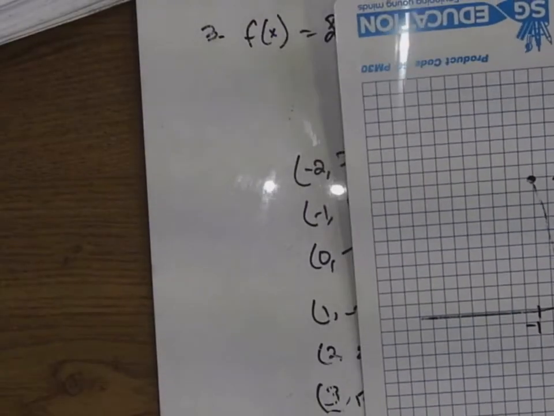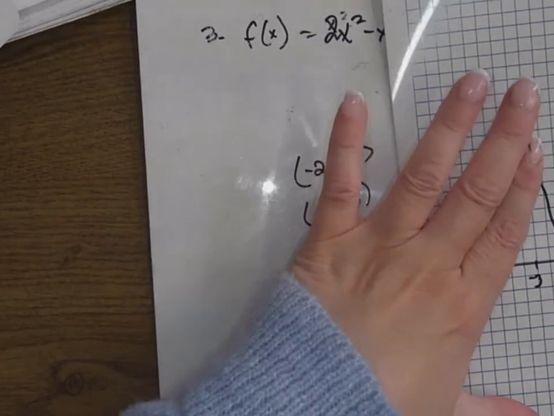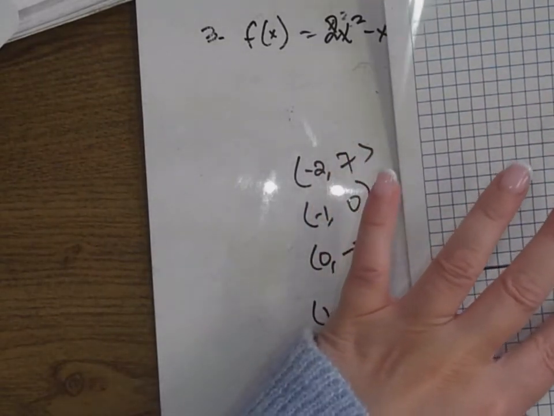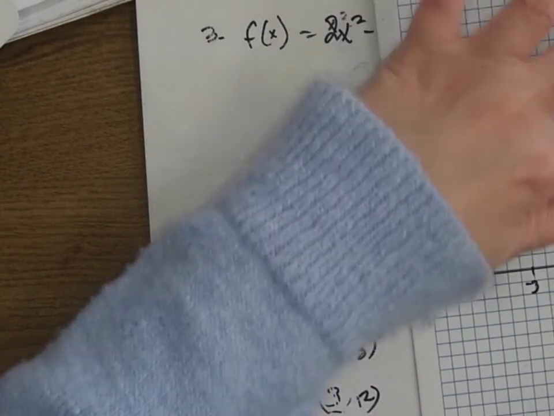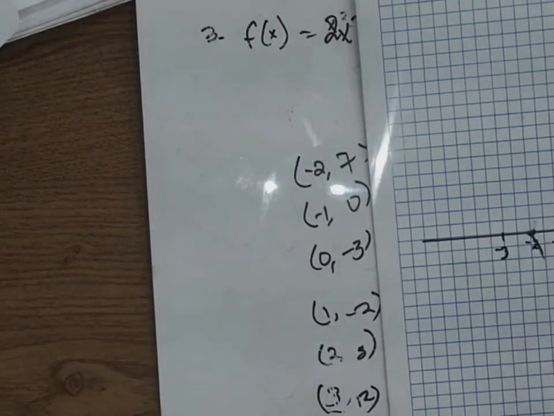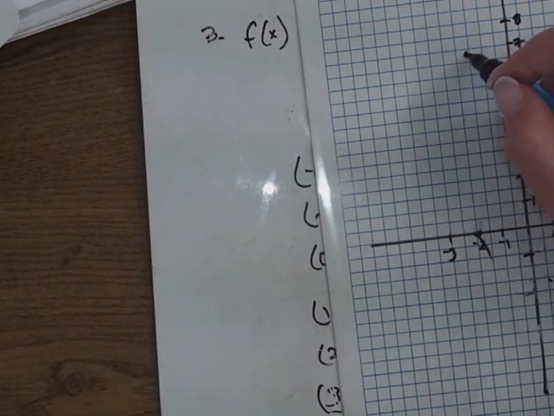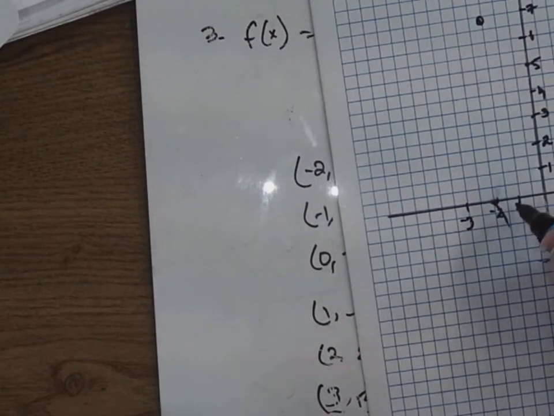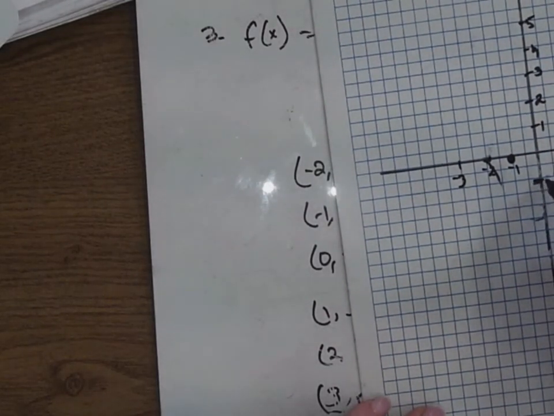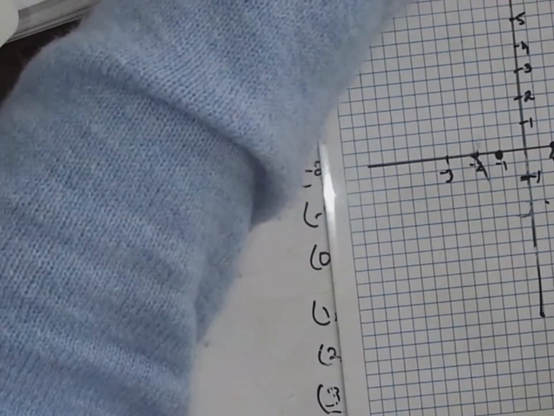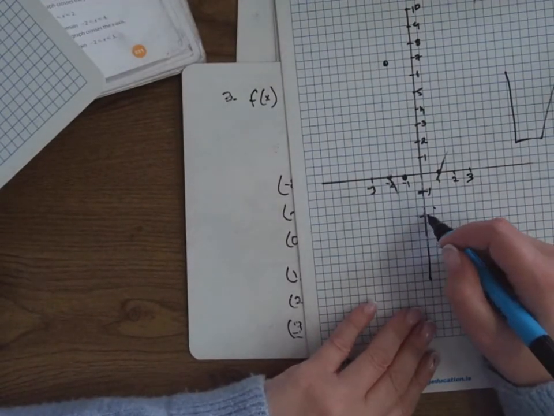So then I'm just rubbing that out. Is that okay? So the first point was -2, 7. Across to -2 up to 7. The next one is -1, 0. Across to -1 up 0.